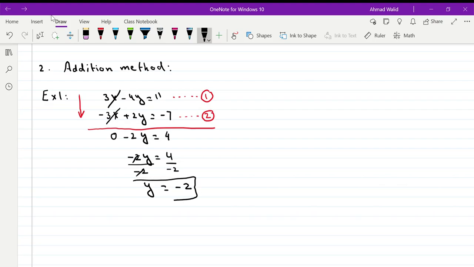As soon as you find one of the variables, plug the answer into one of the given equations. For example, I'll copy my equation number 1, 3x minus 4y equals 11, and I'll plug in y equals negative 2. It means 3x minus 4 times negative 2 equals 11.